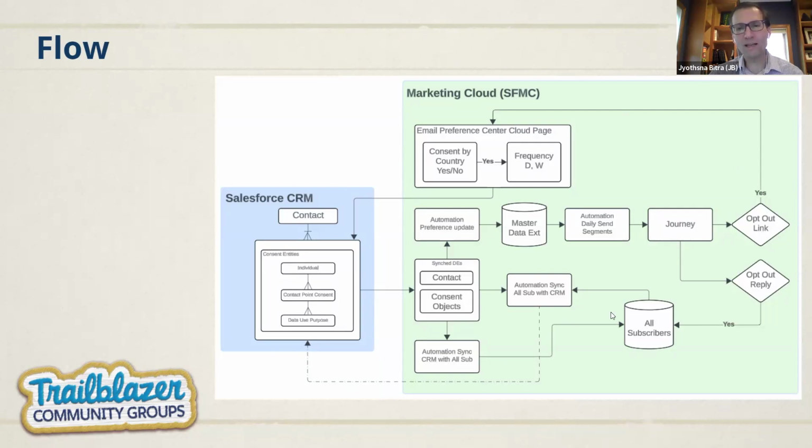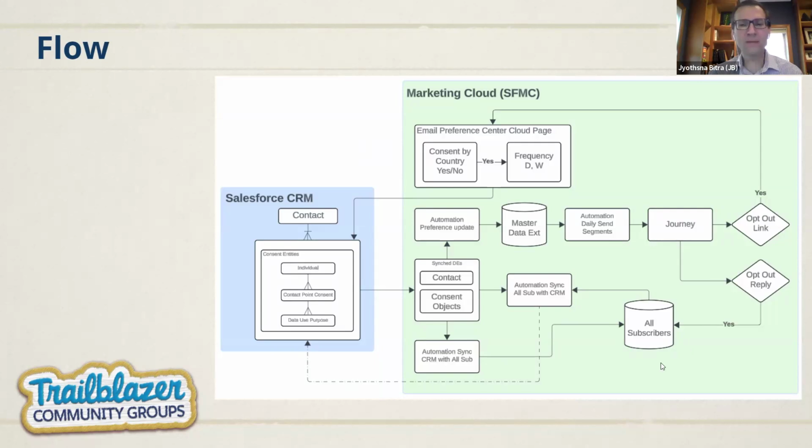And then again, that's going to repopulate, update all subscribers. Instead of it going directly to all subscribers here, we want to use that flow. And then if they opt out in different ways that is not being captured in that preference center, so for instance, if they hit unsubscribe or reply unsubscribe on the email, that will be captured in all subscribers.